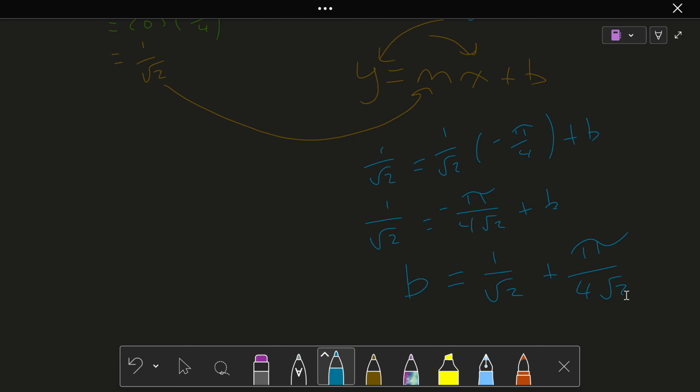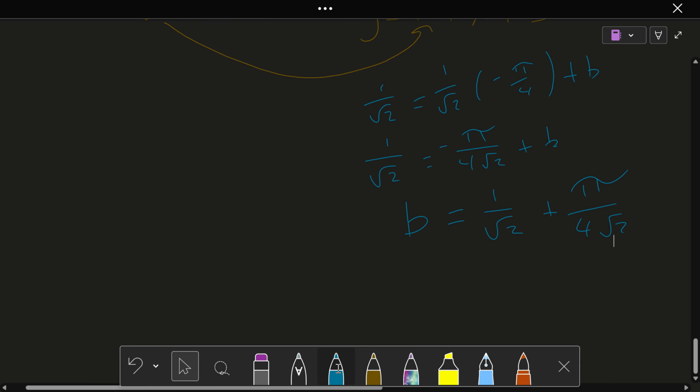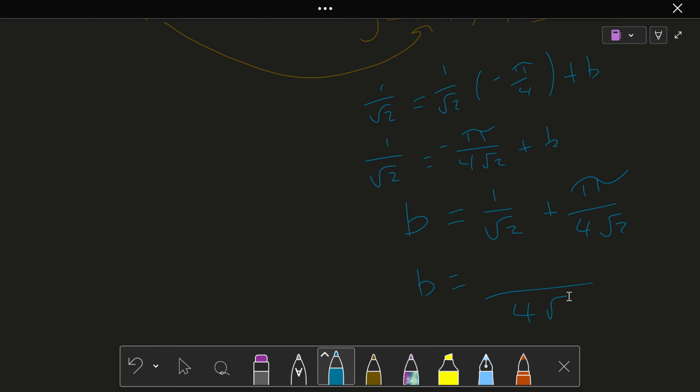And I could make that into one nicer fraction before I write my equation down. So with a common denominator, it's going to be 4 root 2, and it's going to be 4 plus pi over 4 root 2.